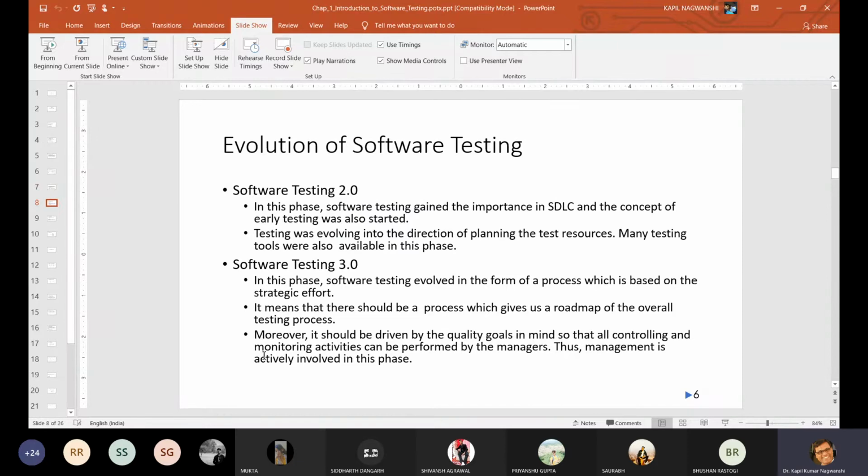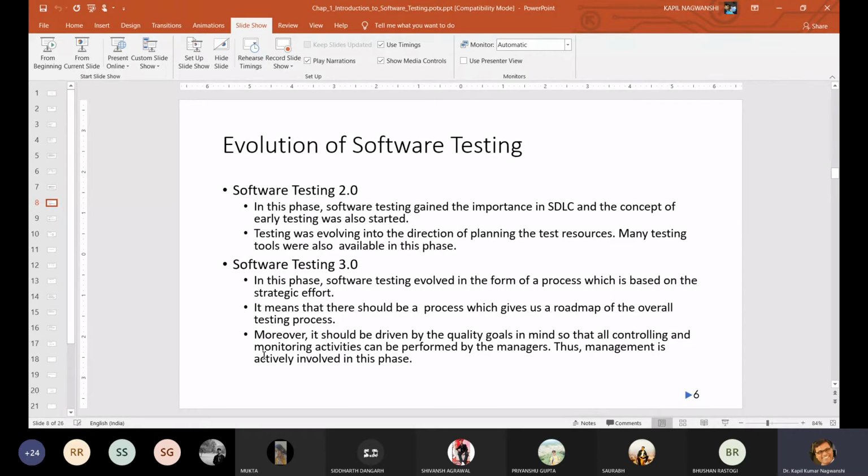Then come to software testing 2.0. In this particular phase, software testing gained importance in the software development lifecycle, and the concept of early testing also started. Early testing is a very important thing. We need to test before delivering the software. Okay, and this was in the 2.0 era. Testing was evolving in the direction of planning the test resources.